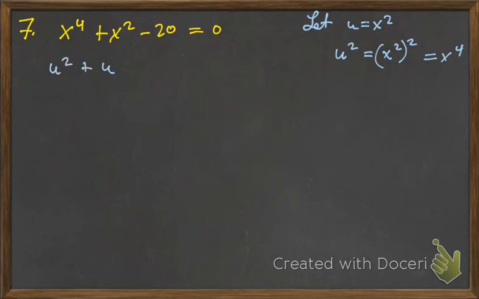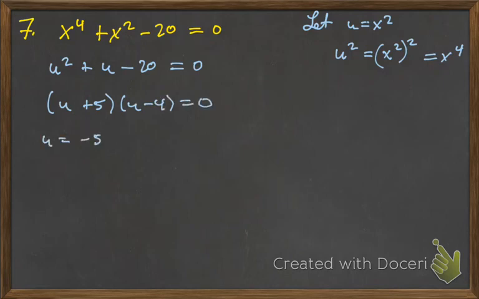So replacing everything, we have u squared plus u minus 20 equals 0. Okay, so the product of negative 20 that adds up to 1 is going to be positive 5 and negative 4. So that's going to tell us that u is equal to negative 5 or u is equal to 4.